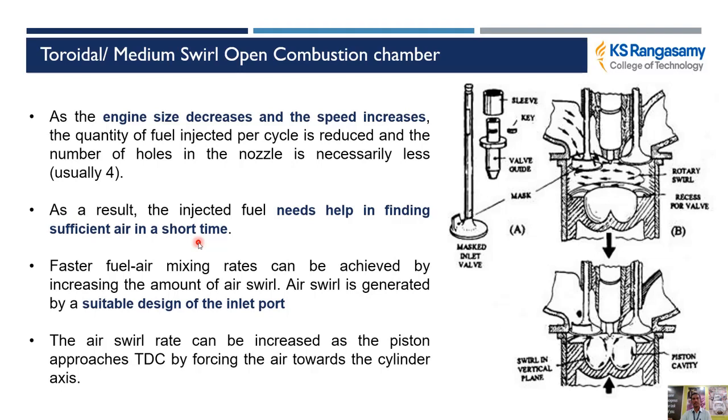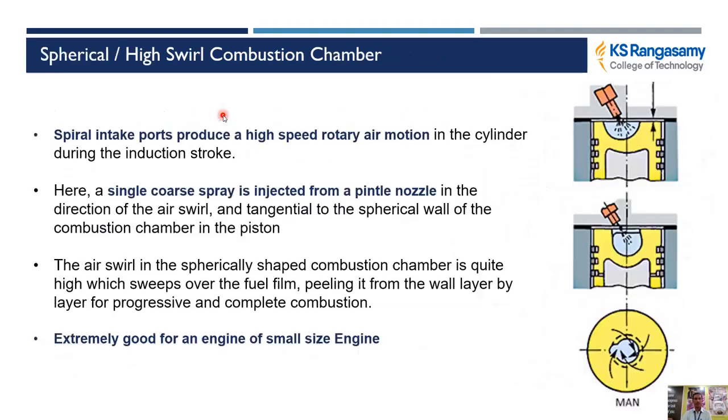The swirling action happens because of the design of the inlet port, and there is a lid or mask on the inlet valve that makes the swirling action inside the combustion chamber. So this is called the medium swirl open combustion chamber or toroidal combustion chamber.